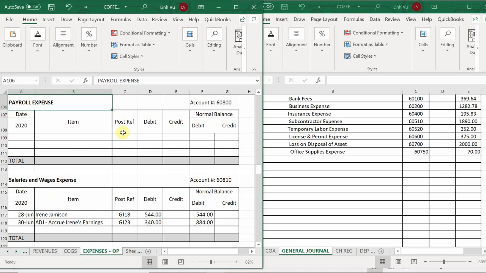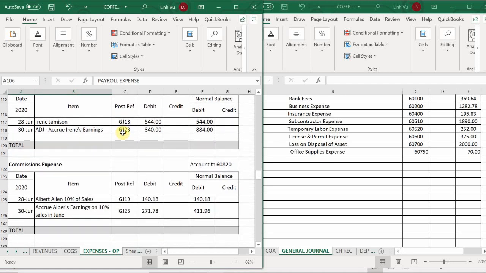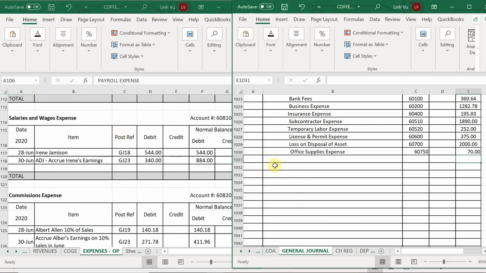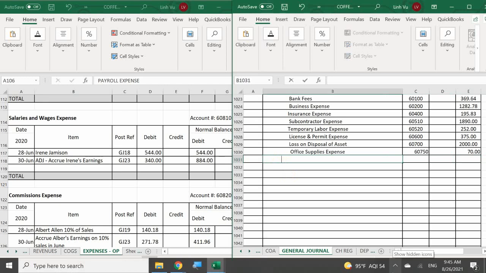We have payroll expenses, which is broken down into salaries and wages expense, which is account number 60810.